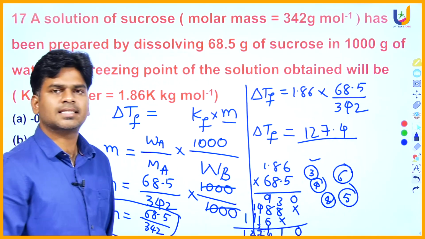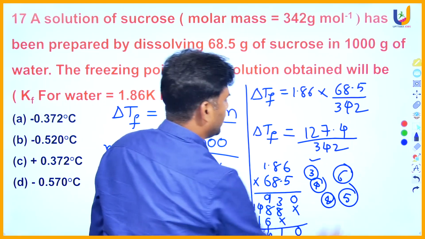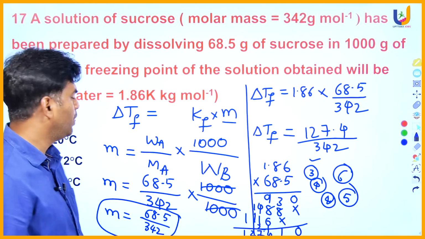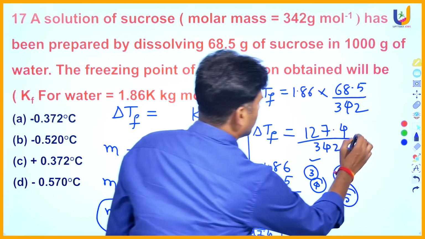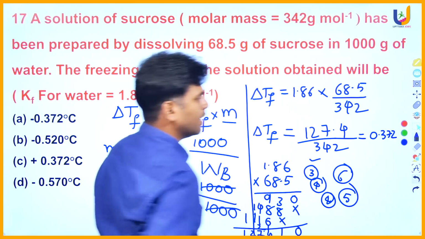So 127.4 by 342, children. Finally, we will get the value 0.372.